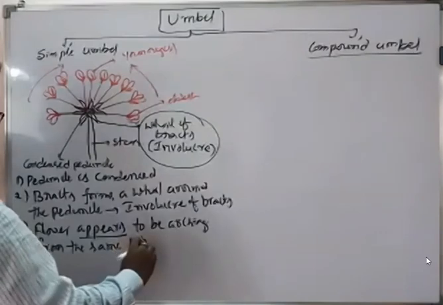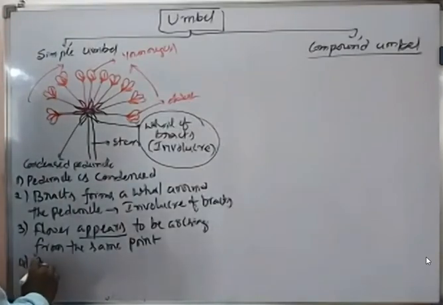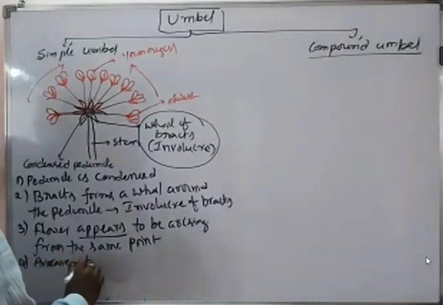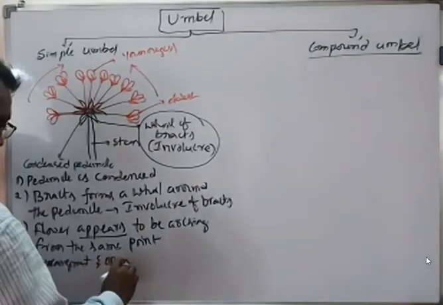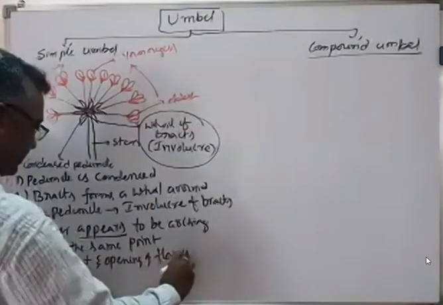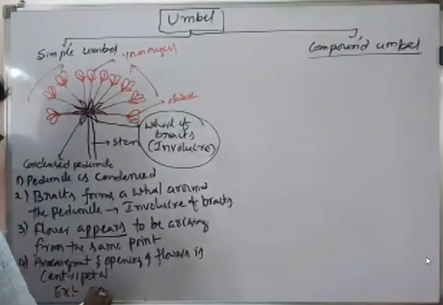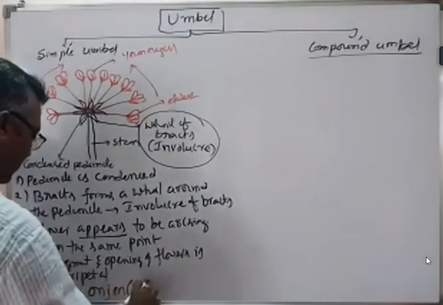They don't arise from the same point, they only appear to. And the arrangement and opening of flowers is centripetal. Example, onion, that is Allium cepa.